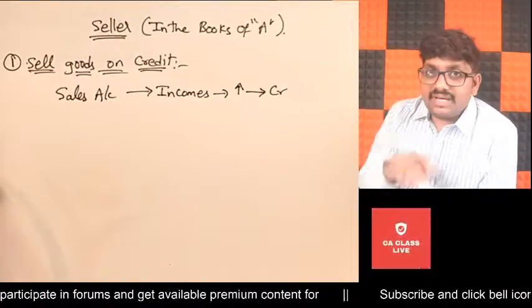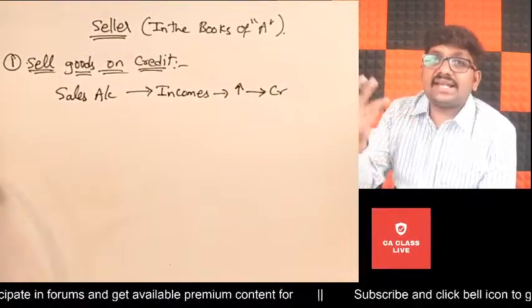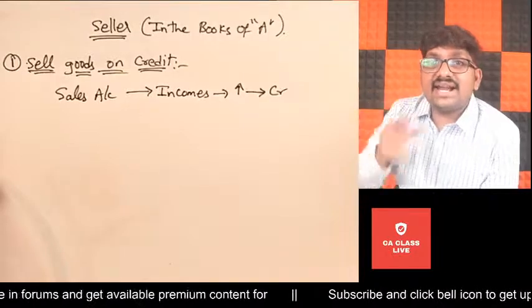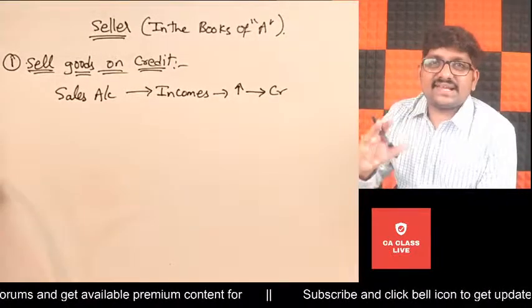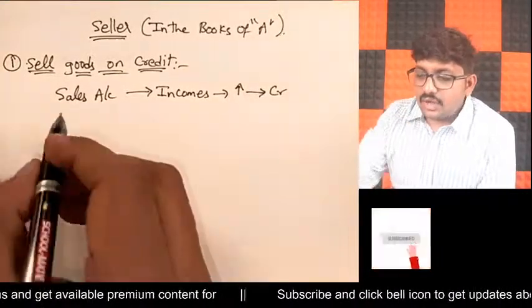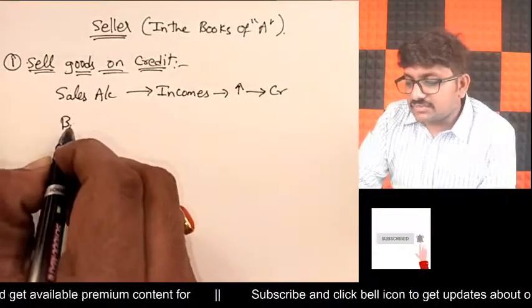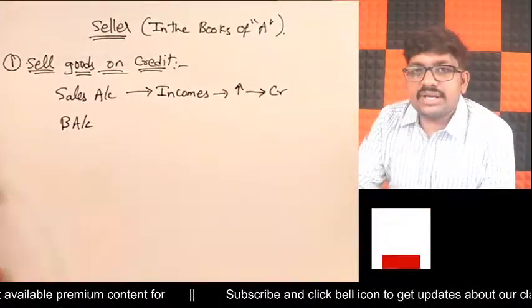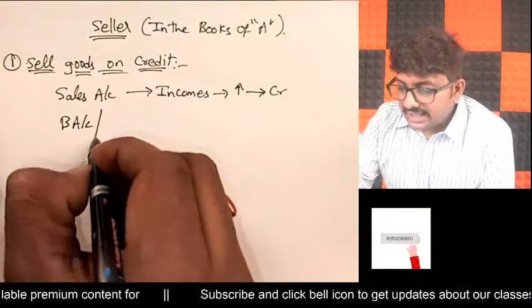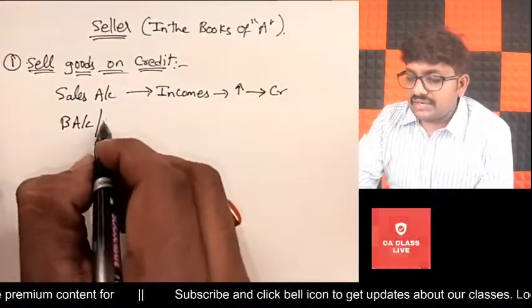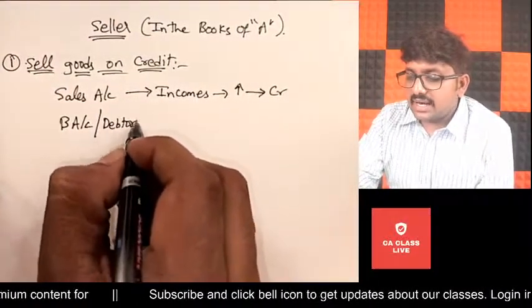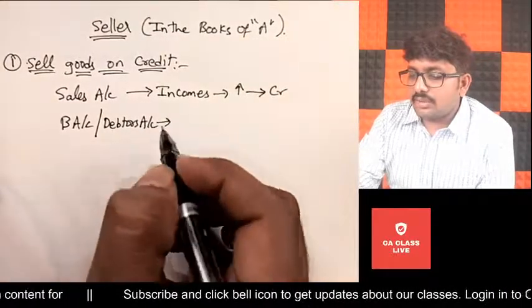Similarly, now what is happening? Are you taking the money now? You're not taking money now, you'll take later. Because you're taking it later, it creates a right for you. The name of your right is Mr. B. So in his name you will create an account called B's account, or in general terms, debtors account.